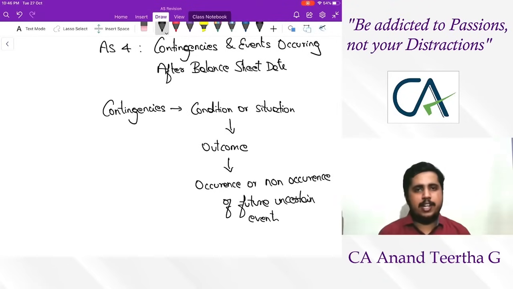So basically contingencies are conditions, situations whose outcome, profit or loss, depends upon occurrence or non-occurrence of future uncertain events. Therefore it will be called a contingency. So this is one part of the standard.